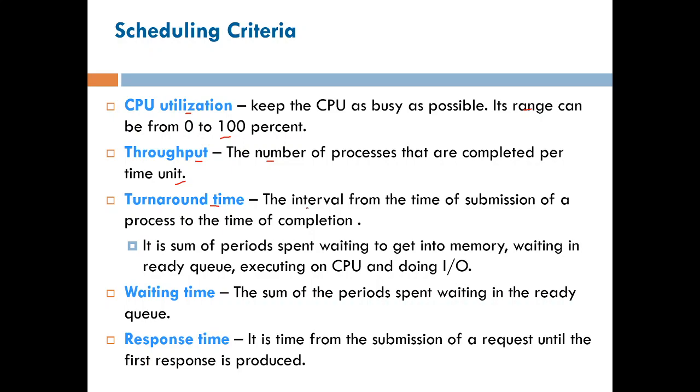Then the turnaround time. It is the interval from the time of submission of a process to the time of completion of the process. In other words, it is the sum of the periods spent waiting to get into memory, waiting in the ready queue, executing on the CPU, and doing IO.